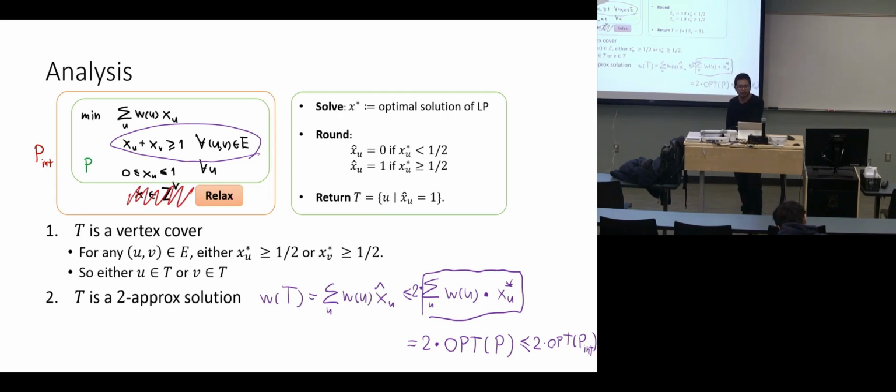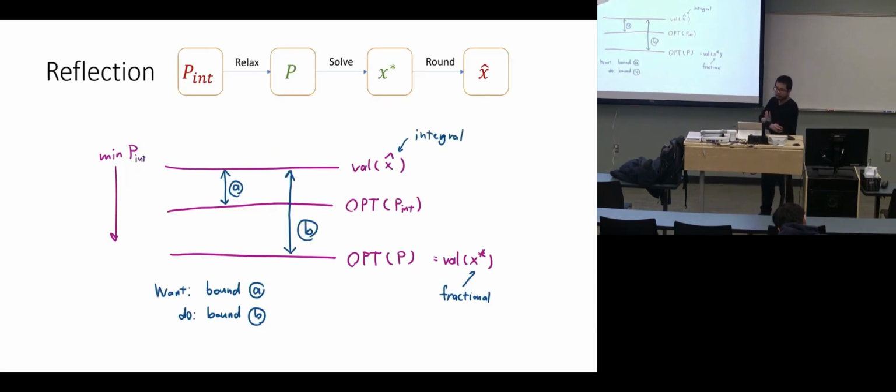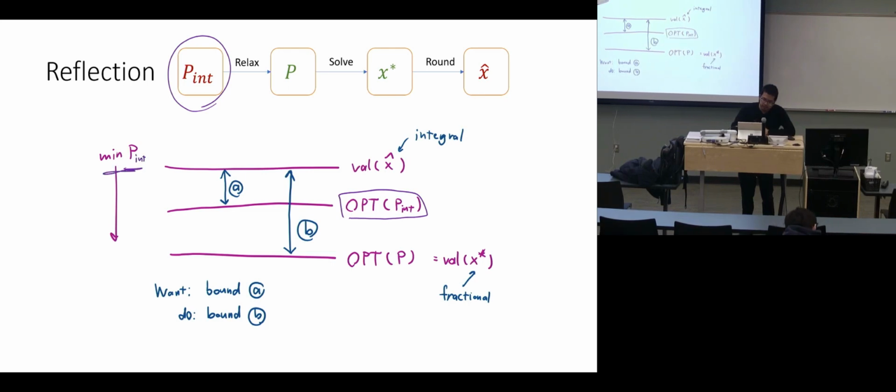Right. So that's the first example of how to do LP rounding. And let me reflect a bit on what's going on. What's going on is that you start with a problem that you care about, the integer problem, P_int. And let's say that this is a minimization problem. Then what you do is that you relax the problem to an LP.